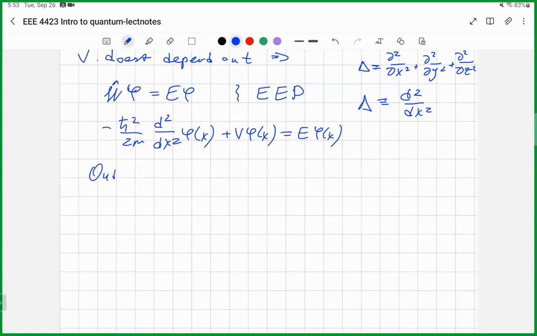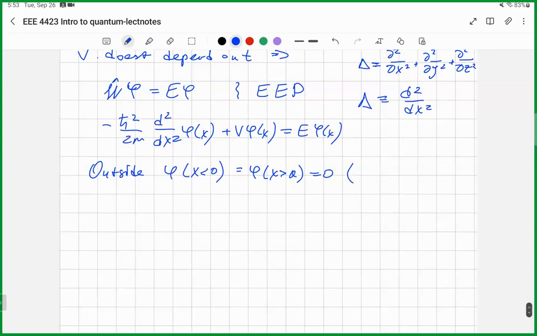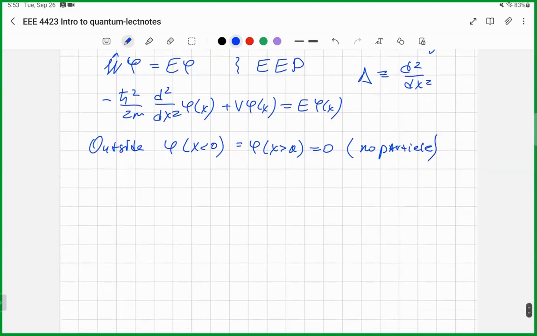Outside of the well, phi when x is less than 0 and when x is more than a is equal to 0. So no particles there, and there is 0 probability to go outside from the well. The particle is not allowed to escape from the well.